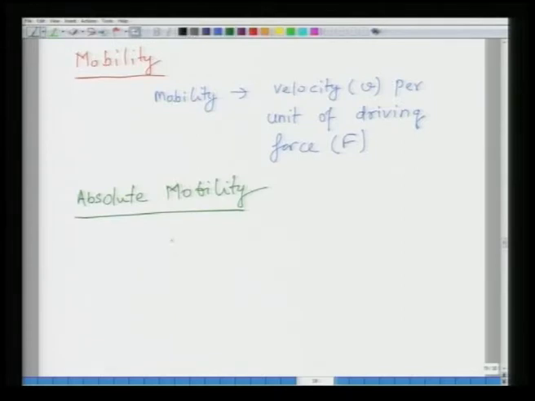Absolute mobility is defined as Bi, where i means the ith species.